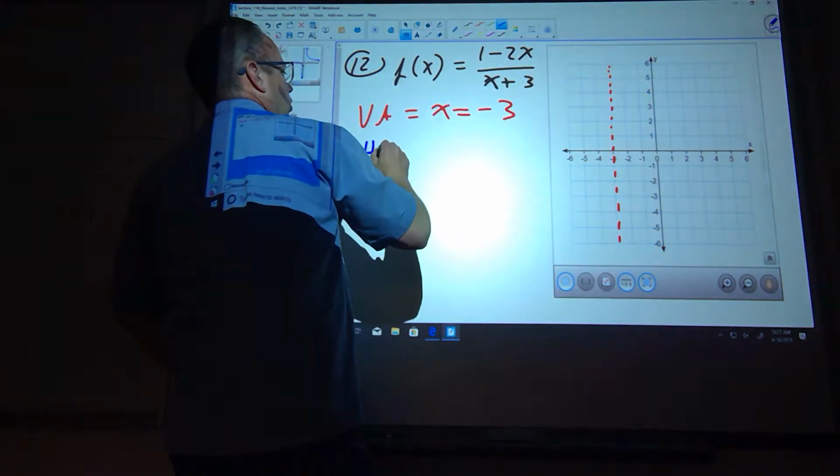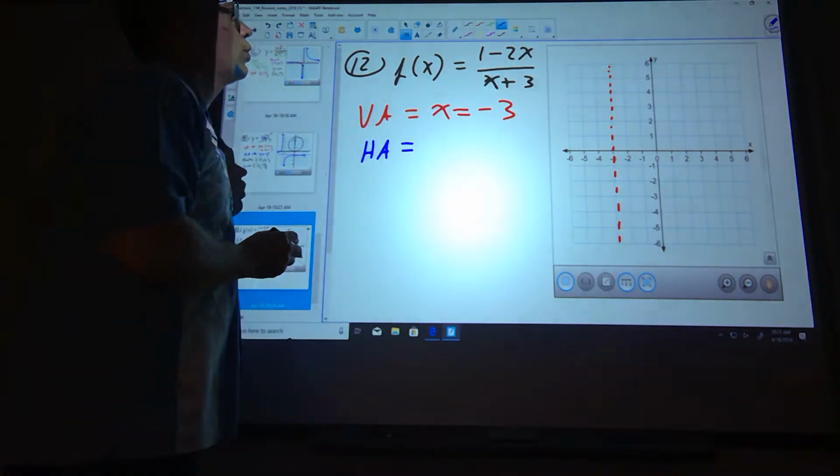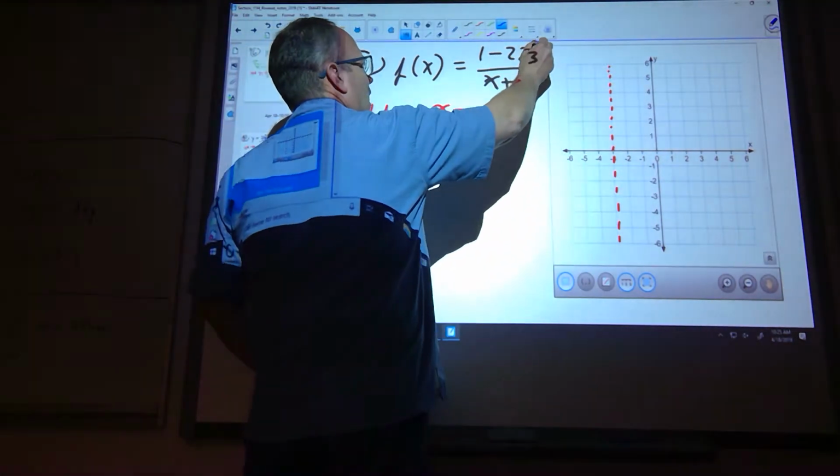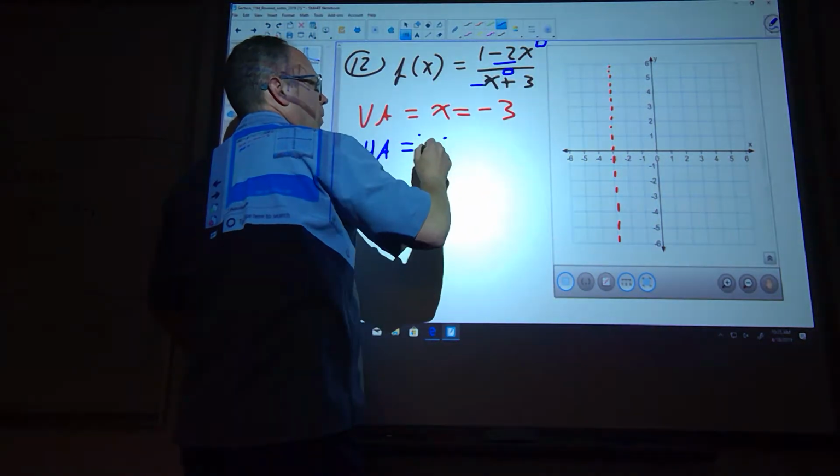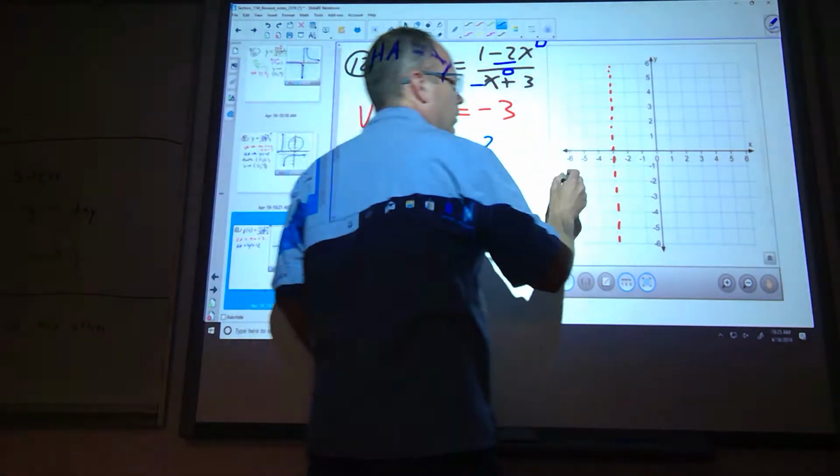Horizontal asymptote, too much chatting over there. So my highest exponent is 1 and 1, both here and here, so I'm going to go -2/1, so I get -2, so y equals -2.